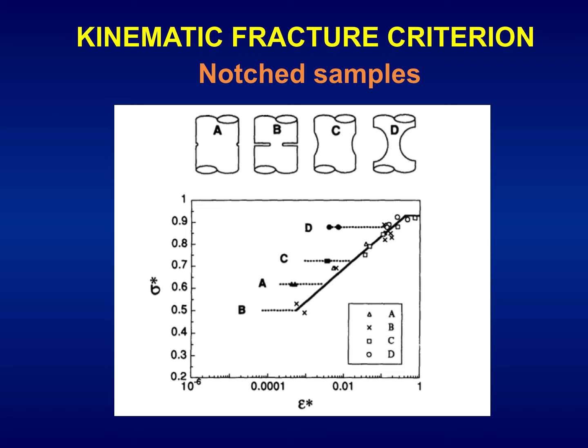We obtain a universal curve representing the kinematic fracture criterion for hydrogen embrittlement, a single curve, dimensionless stress versus notch tip strain rate, dimensionless strain rate, as a universal single curve geometry independent. But of course, for the quasi-static test, we have different left-hand side asymptotic levels depending on the triaxiality.